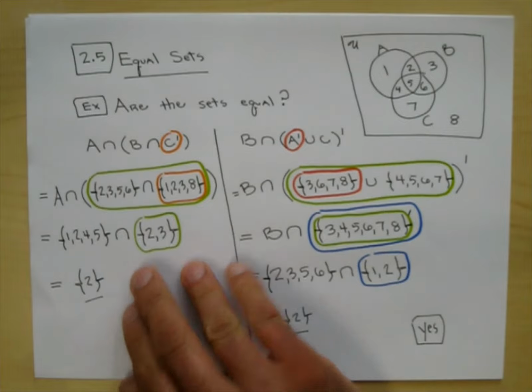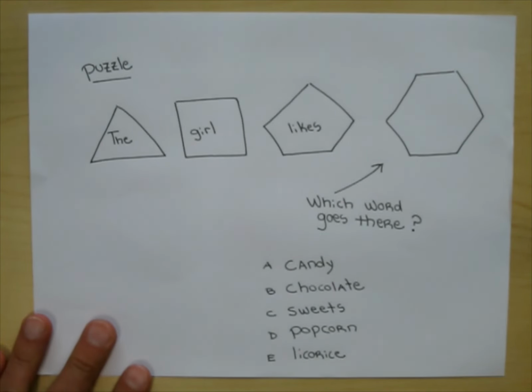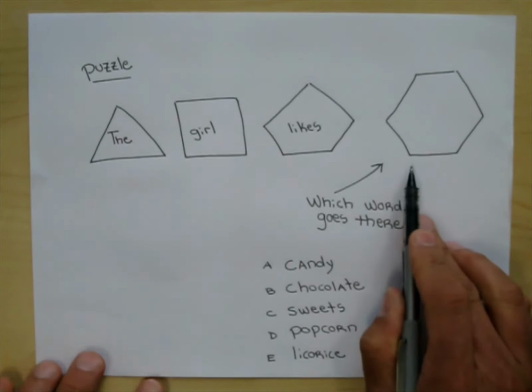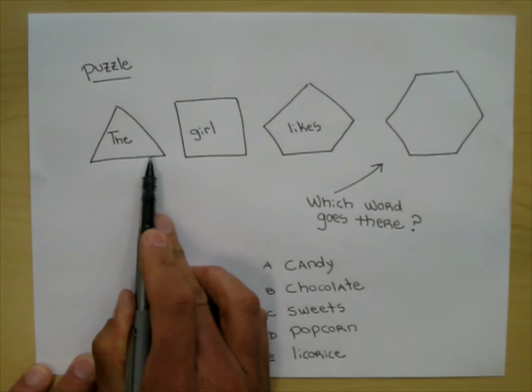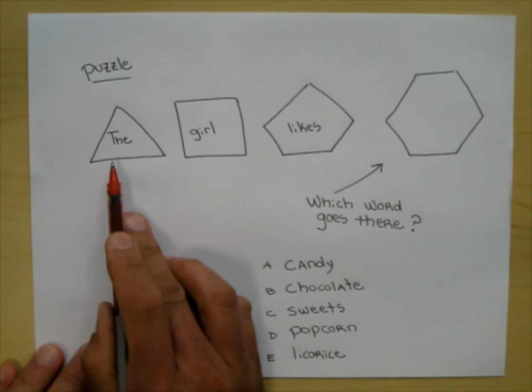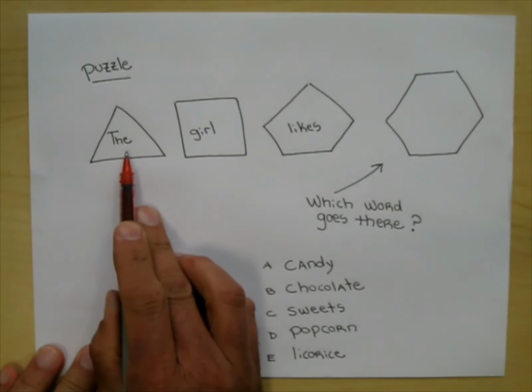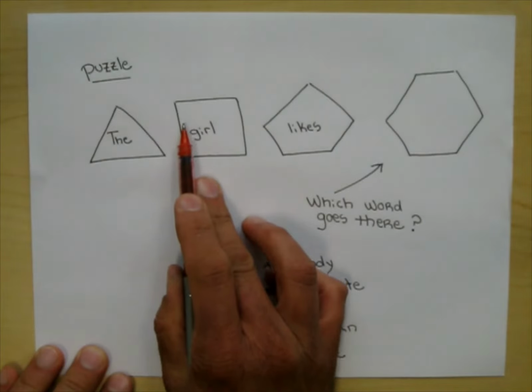Let's get back to the puzzle. Excuse me. Maybe you already guessed what goes in. This is called a hexagon. Well, let's see. The triangle has 3 sides, and there are 3 letters there. The square has 4 sides.